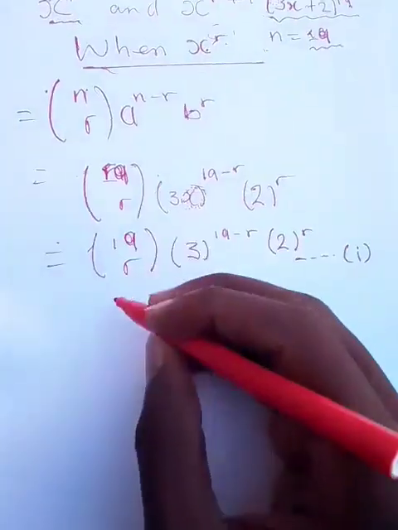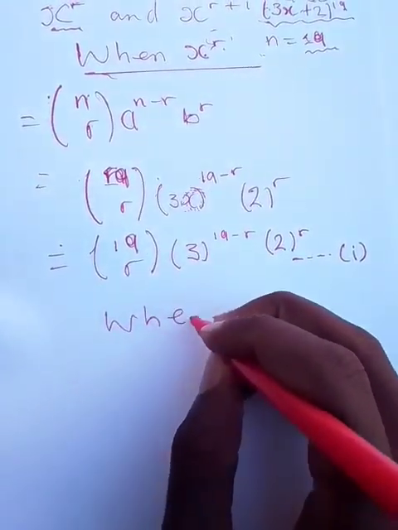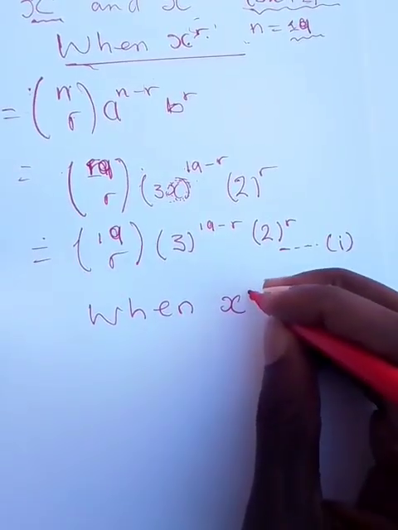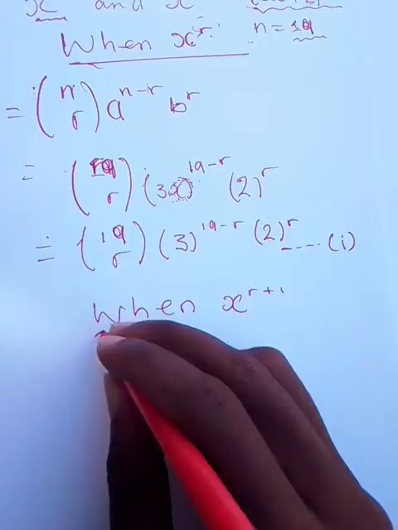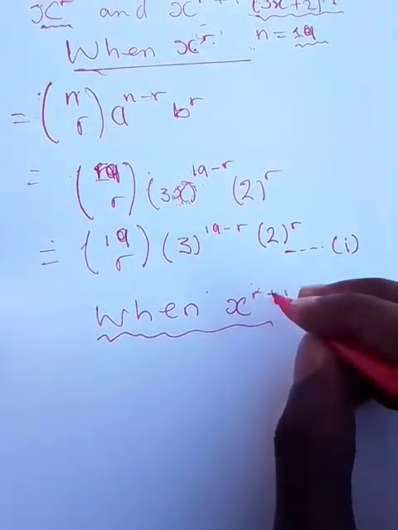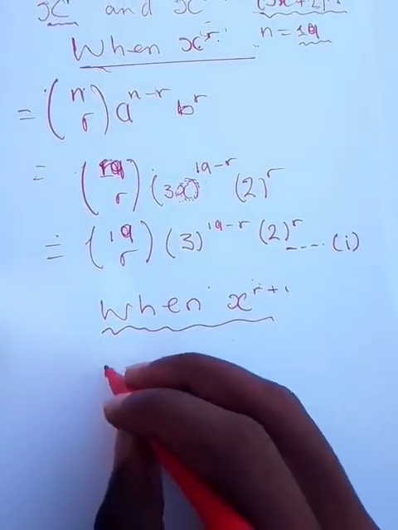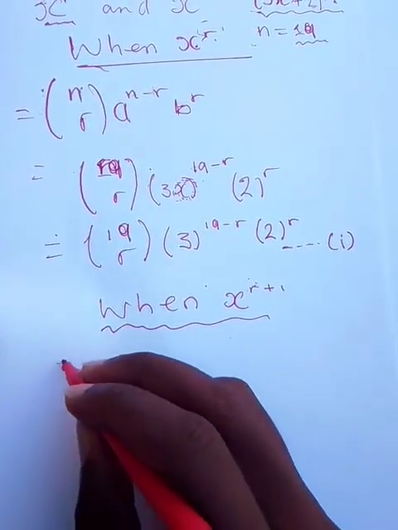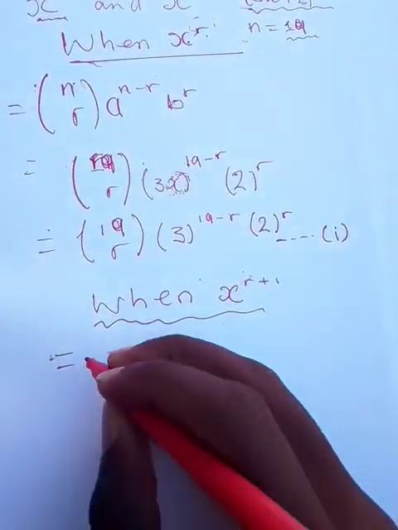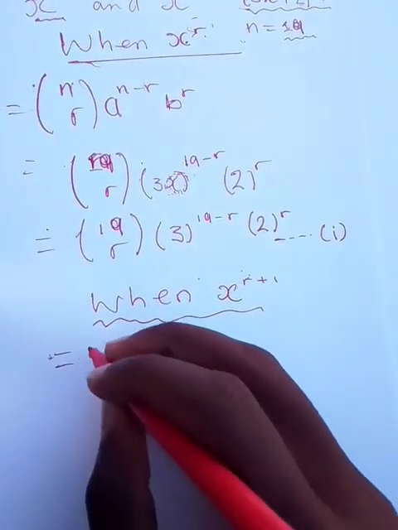So now, what if I go to the next term? They have given me 2 terms, right? There is another term, which is x raised to r plus 1. Okay, we proceed. So I'll do the same thing using this formula. I won't rewrite it again because you can see it already here.